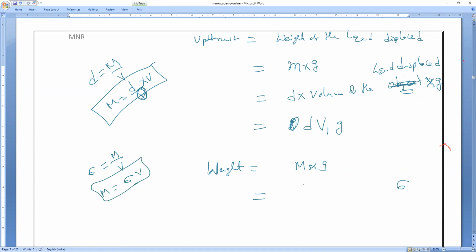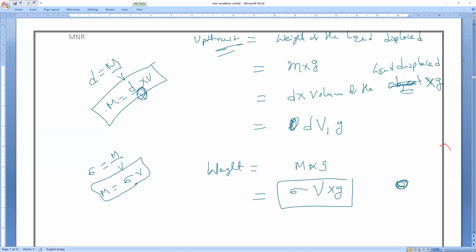So I'll replace mass with sigma into volume of the object. What is the volume of the object? V, into G. So this is the formula for weight of the object, and this is the formula for weight of the liquid displaced.